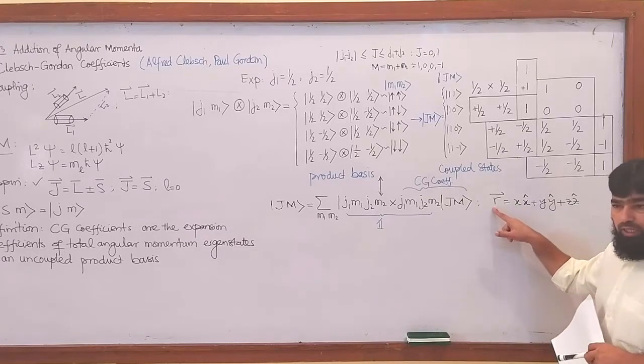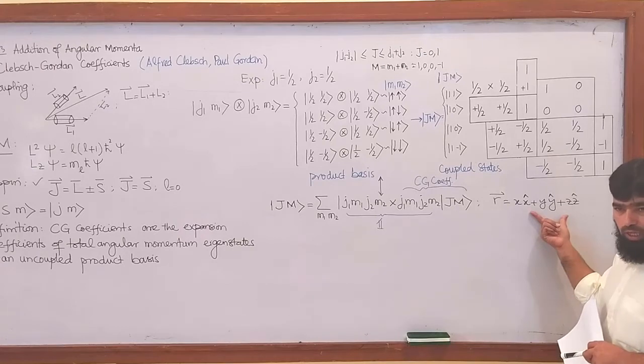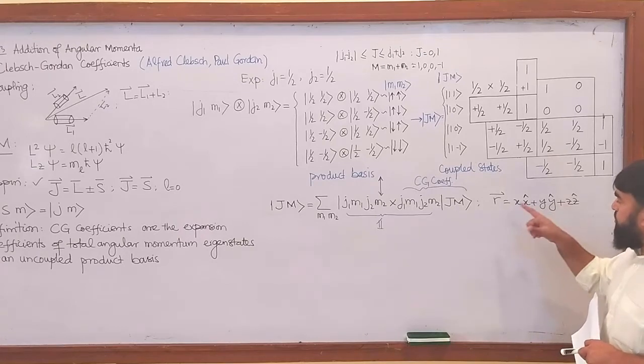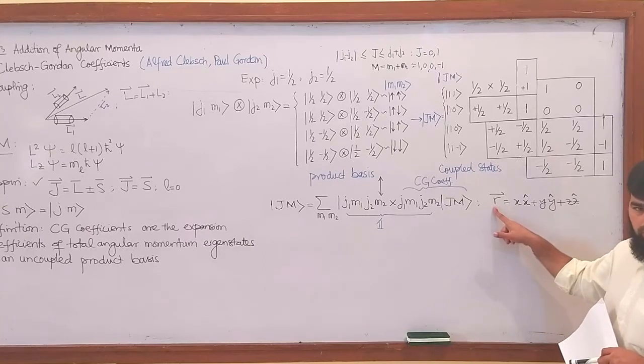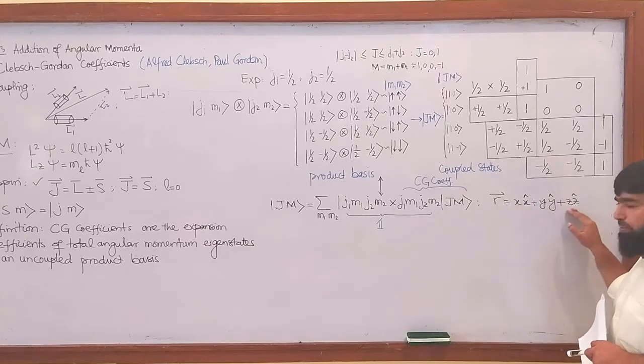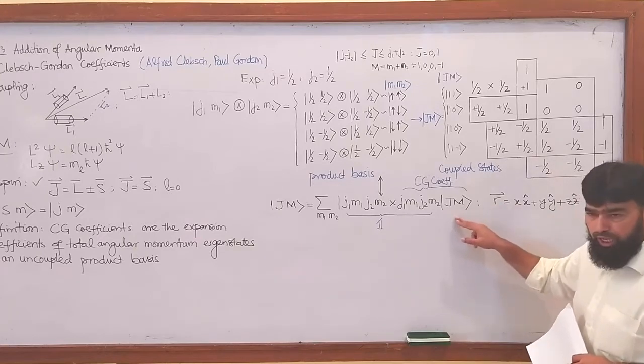Now R is actually the summation of all these contributions. So you call R the coupled vector, because there is coupling of x, y, and z components. This R is resembling J, M.